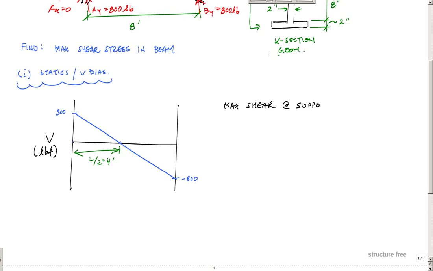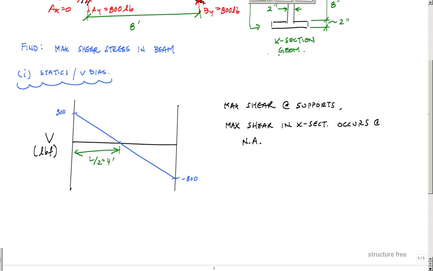And within a cross section, the max shear stress in a cross section occurs, when it's linear elastic, at the neutral axis of my cross section here.